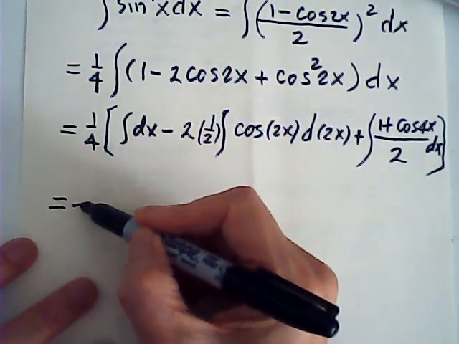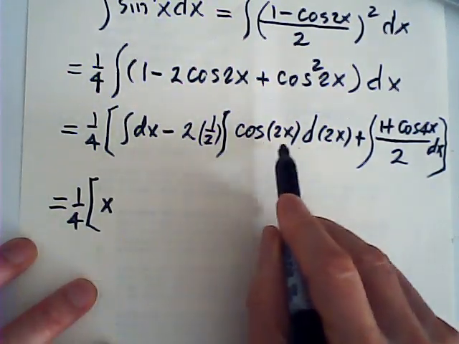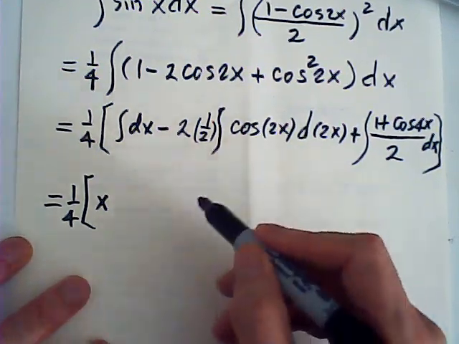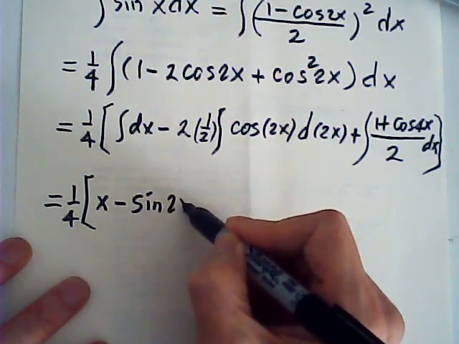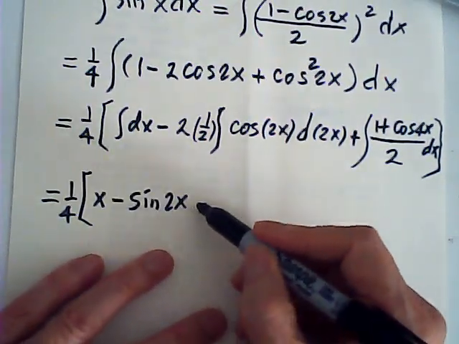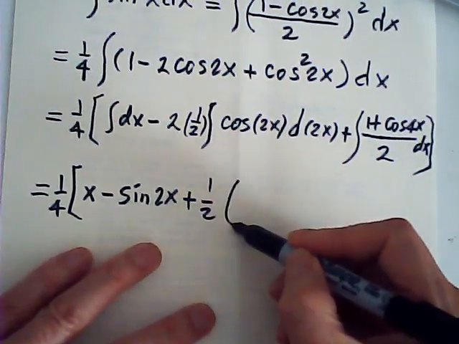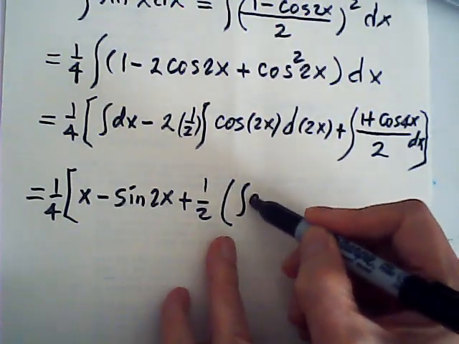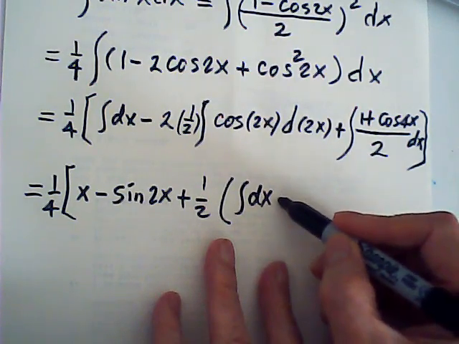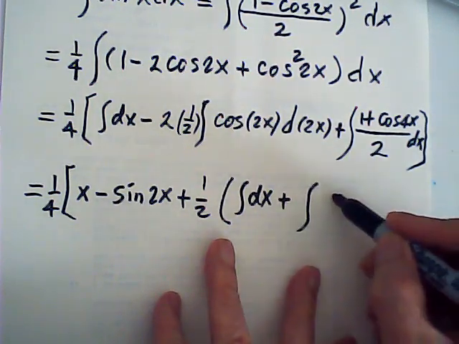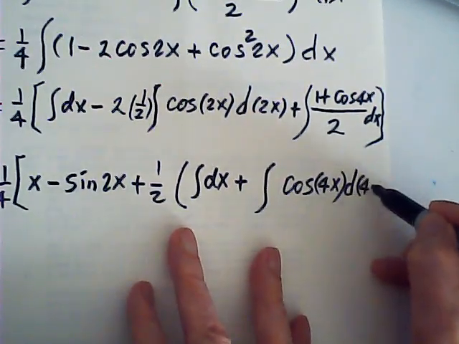And it's dealing one by one. This is a 1, this becomes x. Cosine integration is a sine, so it becomes minus sine 2x, plus 1/2 integral dx, plus integral cosine 4x, and I change this one to 4x as well.